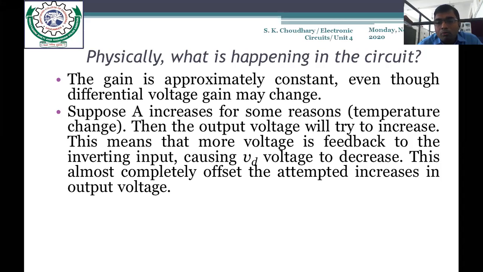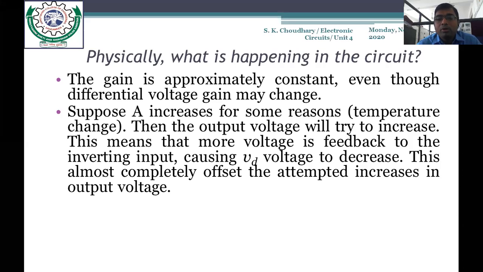This means that a greater amount of voltage would be fed back through the feedback network into the inverting terminal of this voltage series amplifier. And if more voltage is fed back to the inverting terminal, it results in a decrease in the value of VD. Okay, VD is what? Vin minus VF. If VF increases, VD decreases.